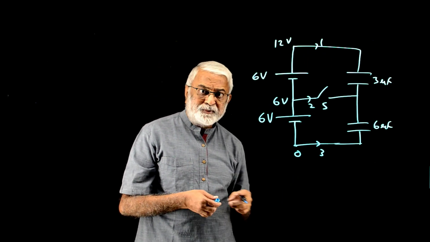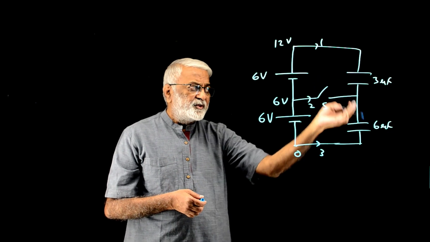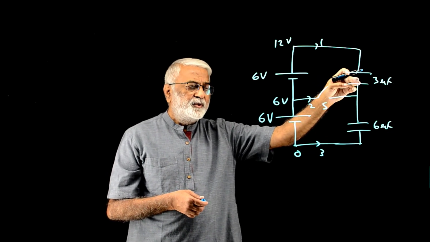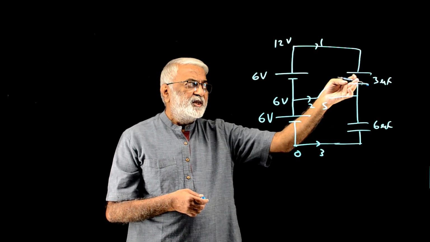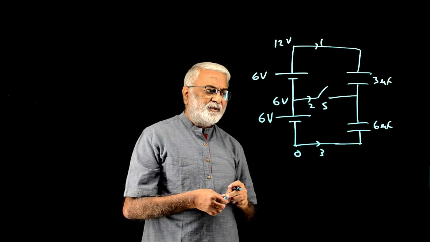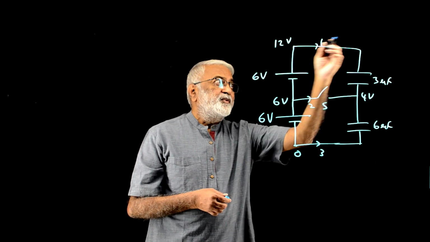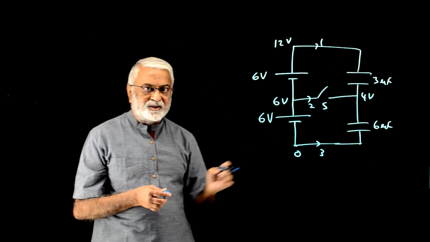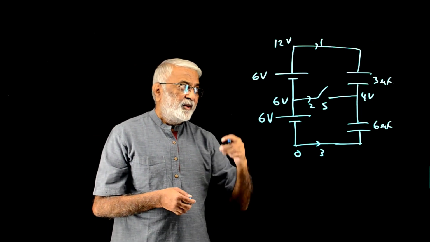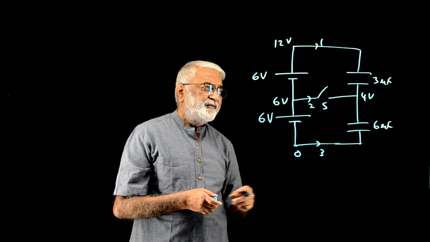If you call this, say, 0 volt here as a reference value, this will be 6 volt, and this will be 12 volt. So potential difference across the combination is 12 volt. If you want to find the individual potential difference, that 12 volts divides in the ratio 6:3, that is 2:1. So across 3 microfarad it will be 8 volt, across 6 microfarad it will be 4 volt. So this is actually 4 volt here. Since this is 12, this potential difference is 8 volt. That is the initial state. And the charge on the capacitor, this is an equivalent capacitor of 2 microfarad.